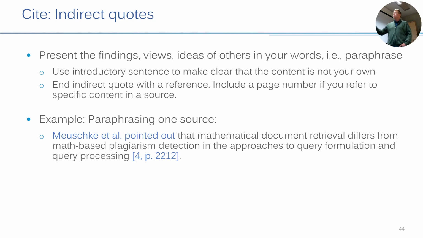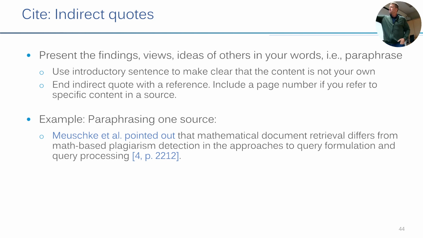What I would really recommend and ask you to do, because you see it even from very established authors, but it's just bad style: don't do something like source 4 or source 3 said something. Just the reference marker, used as a sentence part. That's not good style.